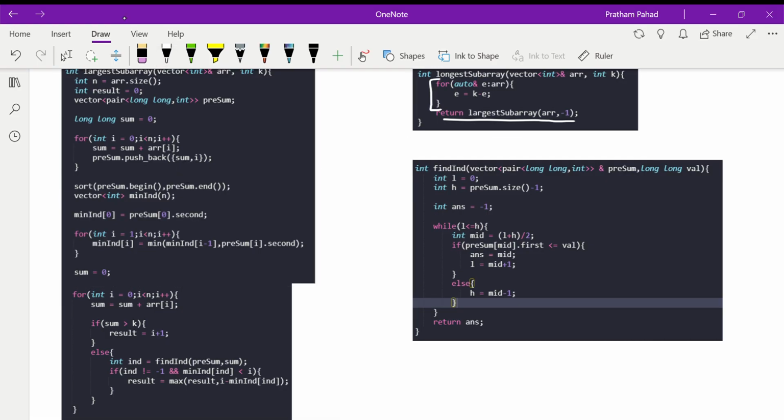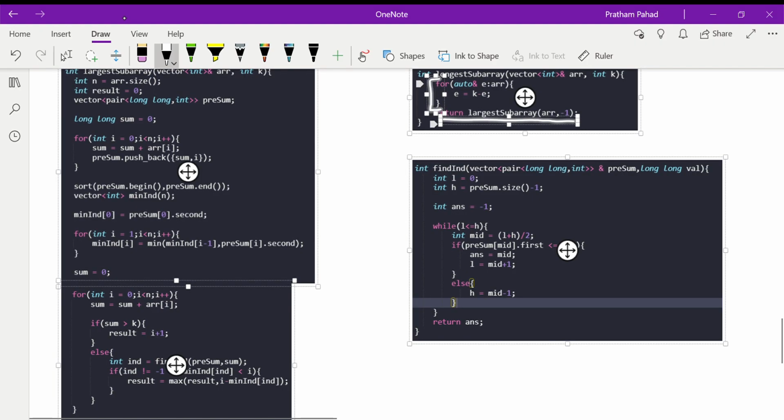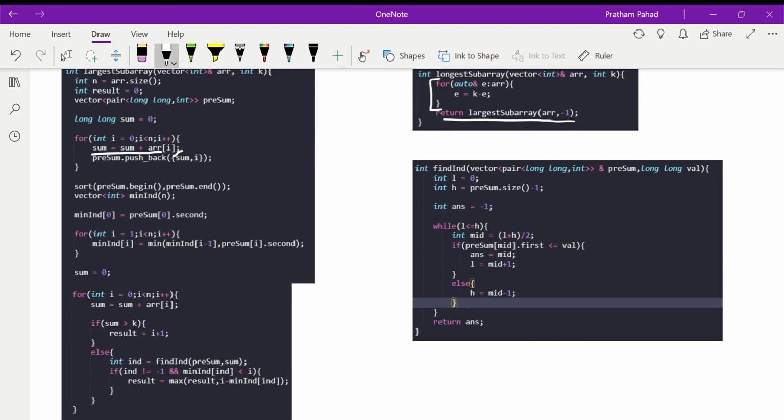Now we have initialized the sum. Now we'll start iterating in the array also. We'll do sum equals sum plus array, and prefix sum, we'll push back in the array as a sum.